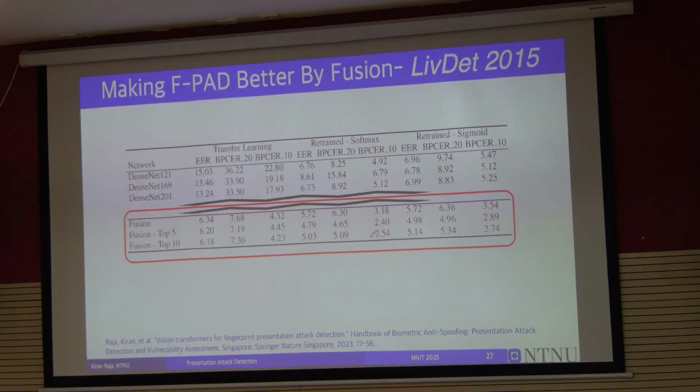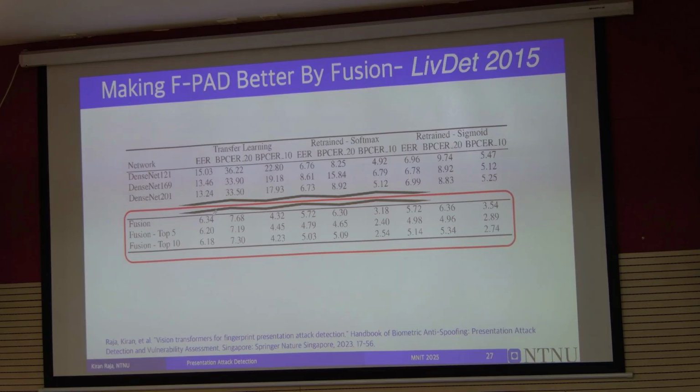Simply by combining the top 5 performing networks, I see that the error rate goes to 6.20. By combining the top 10 performing networks, I get an error rate of 6.18, which is almost a tenfold improvement. So it's 15% here, and you go down to 6% here.